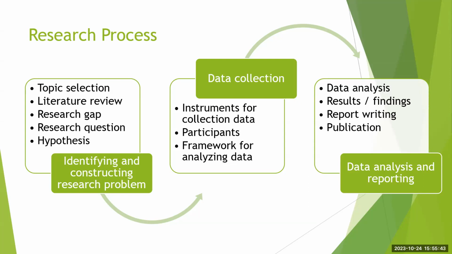But here in UKJ, report writing will be in the form of an article. So your research result can be written in 2 or 3 or maybe 5 pages. And finally, you have to publish your report, you have to publish your article.